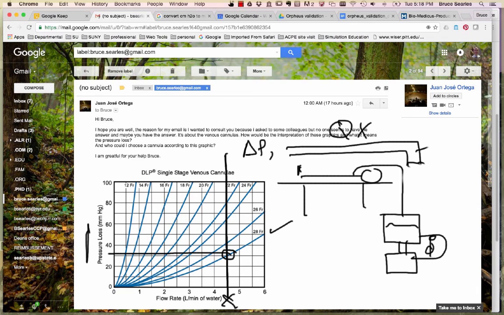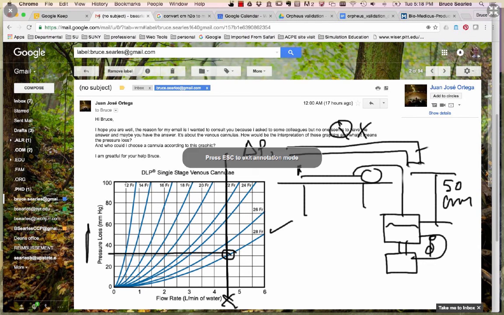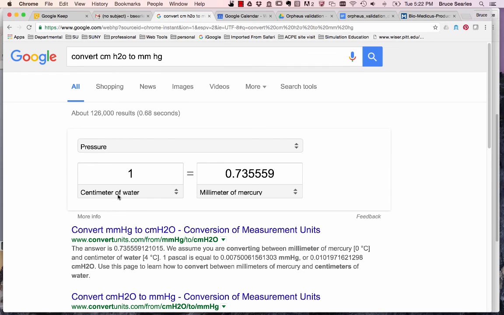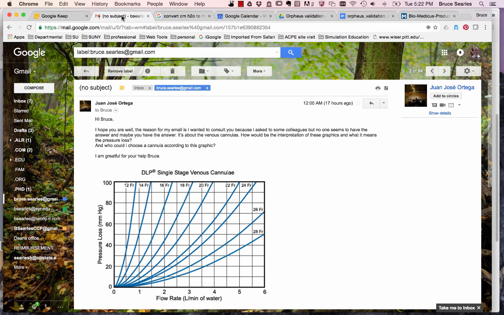And if we look up the conversion rate of centimeters of water to millimeters of mercury, we see they've got a factor of 0.7. So 50 centimeters of water comes out to about 40 millimeters of mercury.